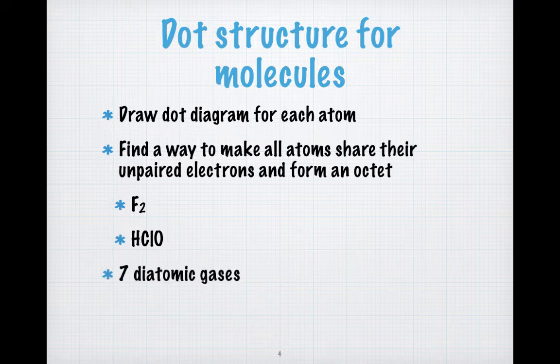We'll also take a look at the 7 diatomic gases. There are 7 gases in the periodic table, similar to F2, that are diatomic, and we'll look at a way of learning how to determine which of the gases in the periodic table are diatomic.